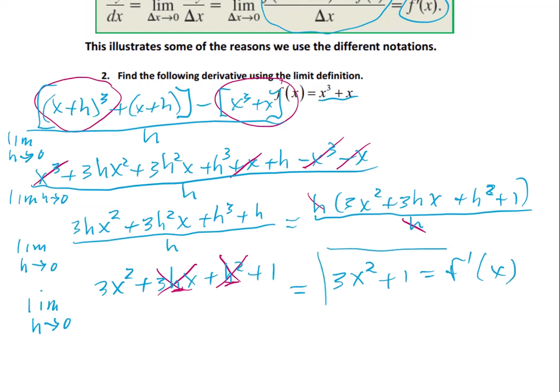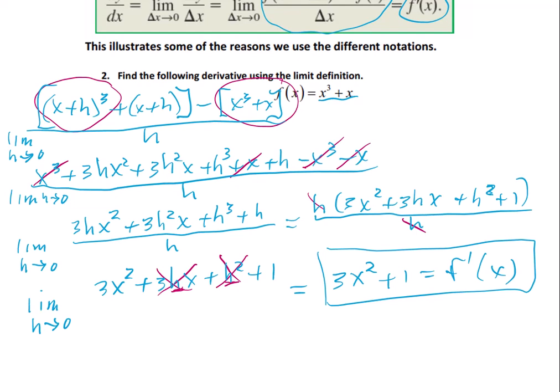Again, this is a function. Notice it's a function of x. Now then, if we wanted to find the slope of my function, I can plug in any value I want for x and I'll get the slope at that point.